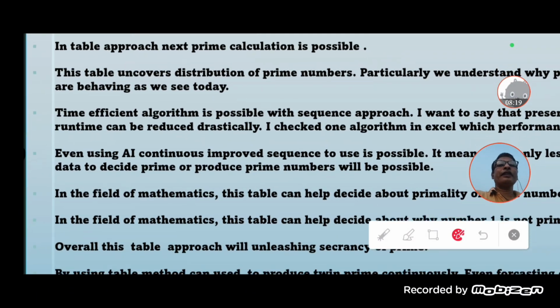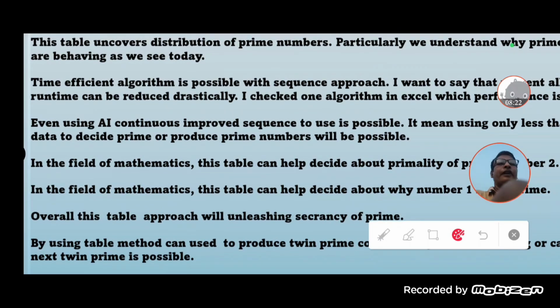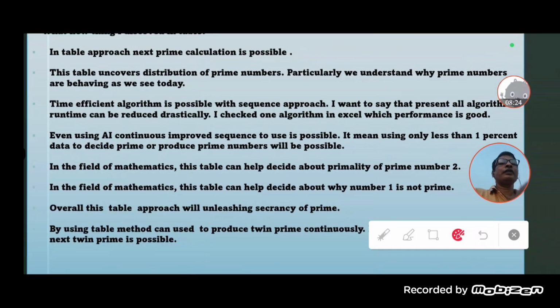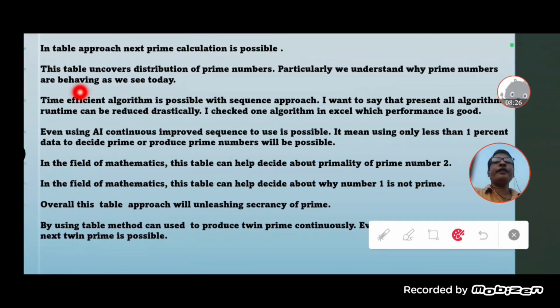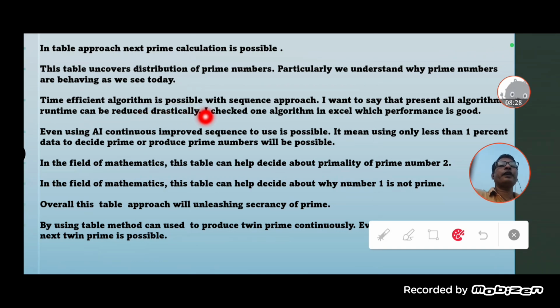Now, the next new thing I found in this table is that an efficient algorithm is possible with the sequence approach. At present, the runtime of all the algorithms can be reduced drastically.